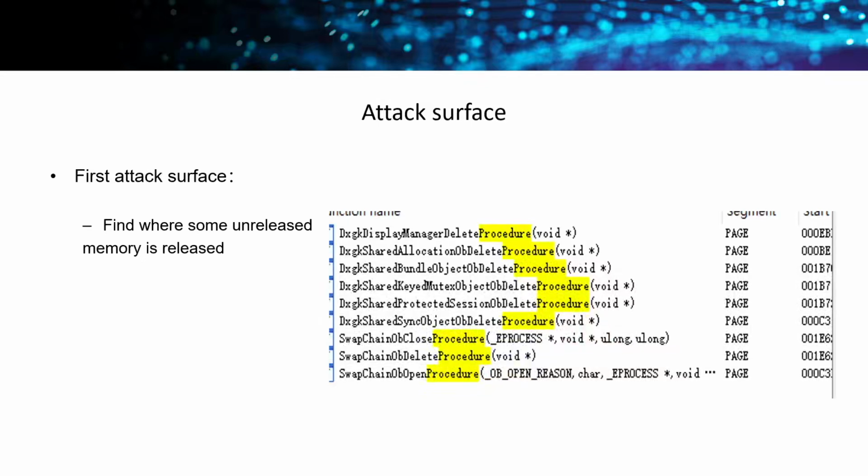We know DirectX uses the DxgkShareObjects function, or some functions with different shared flags, to get shared memory and use it in the kernel. But we didn't find any functions to destroy these shared memories.